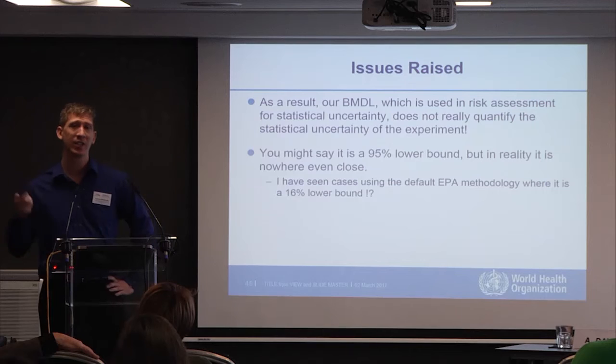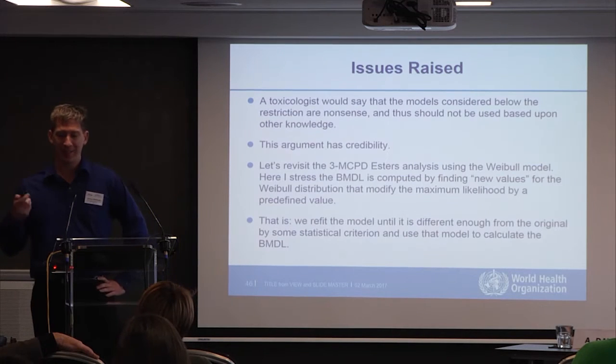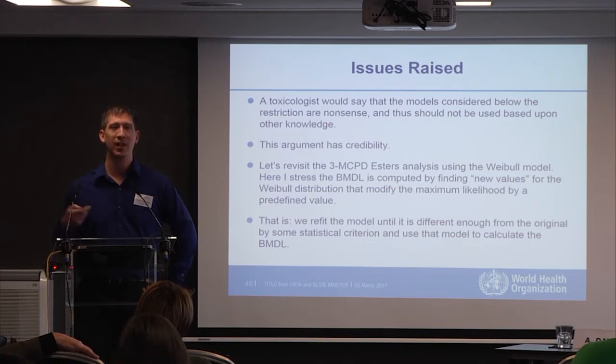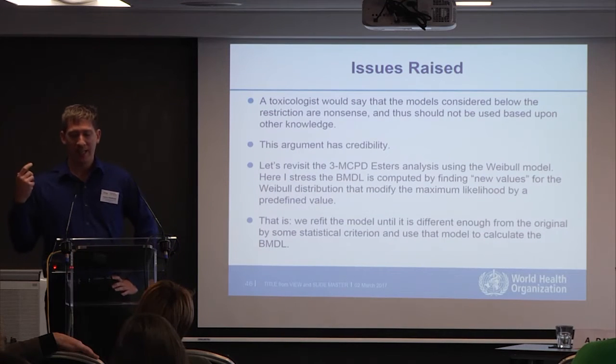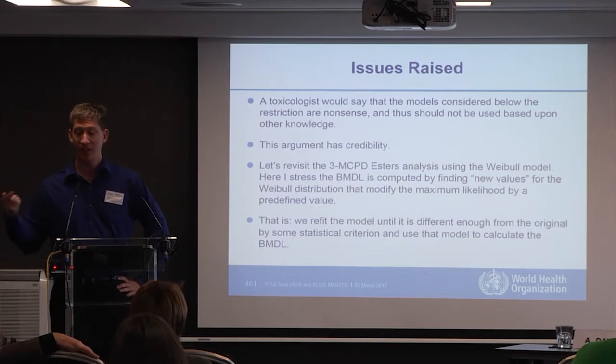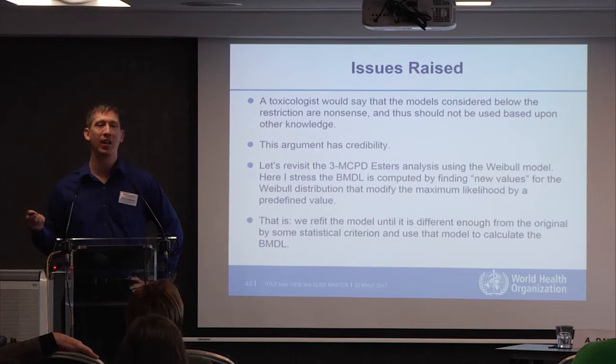So as a statistician, I was taking that point at JECFA. But Clark, who's not here, but I'm sure he would love to add to the conversation, would say that models considered below the restriction are nonsense and thus should not be used based upon other knowledge.